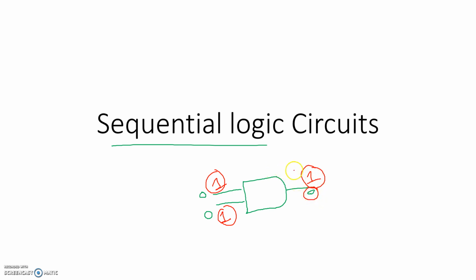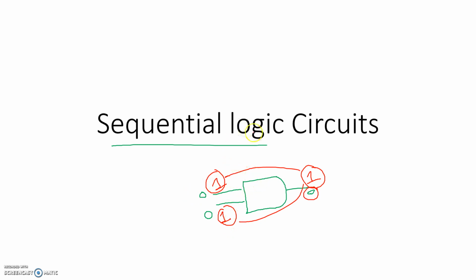It just depends on the present inputs. So this is what a combinational circuit is: the present output depends only on the present inputs, and does not depend on whatever happened previously in the past.